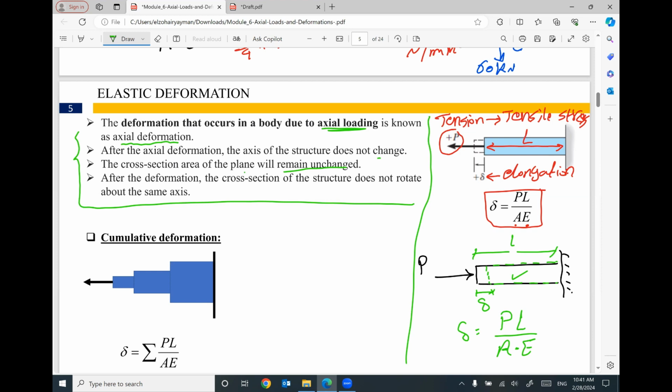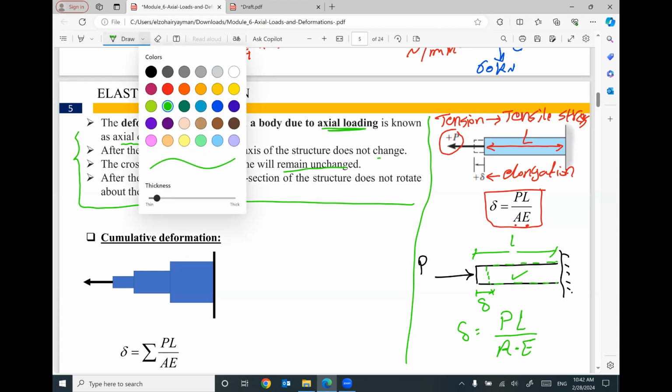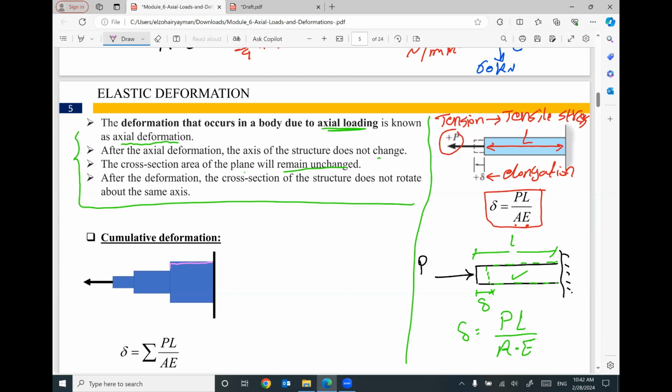If we have many elements or many parts connected together, so we have this part with area 1 and the length L1 and P1 and the material E1. We have another part here with area 2, L2, applied force P2, and Young's modulus E2. And we have another part here, area 3, with length L3, applied force P3, Young's modulus E3.